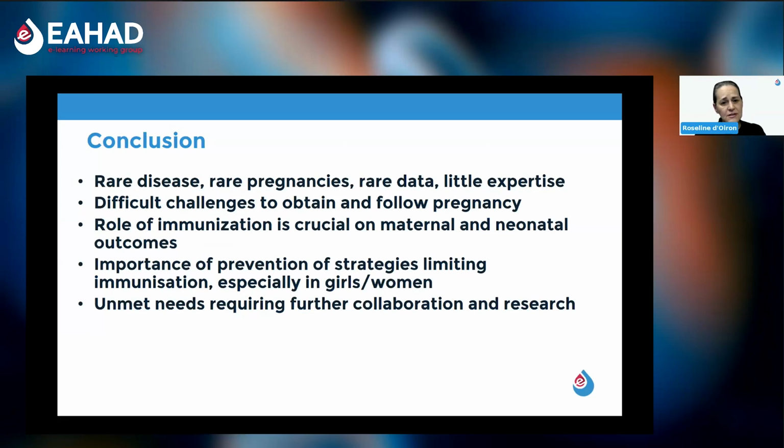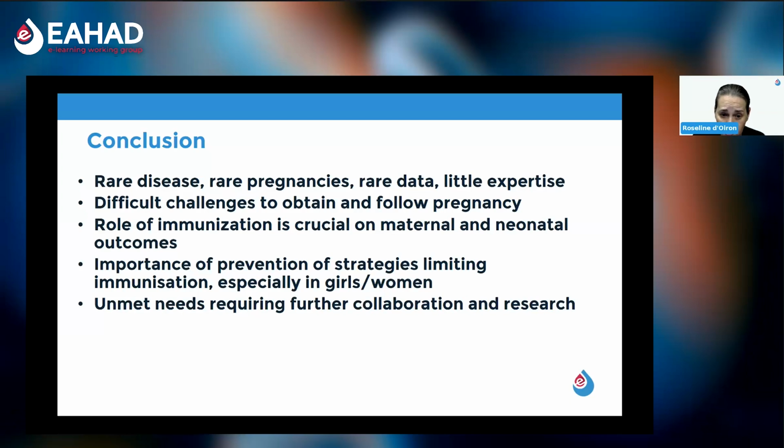So in conclusion, this is a rare disease, and we have a rare number of pregnancies in women with GT and little experience and data in the literature. So that's a very difficult challenge, to obtain and follow pregnancy in GT women. And the role of immunization is really crucial, not only for the mother, but also for neonatal outcomes.